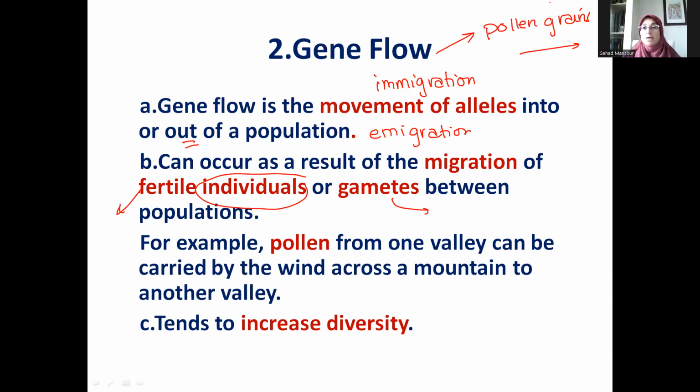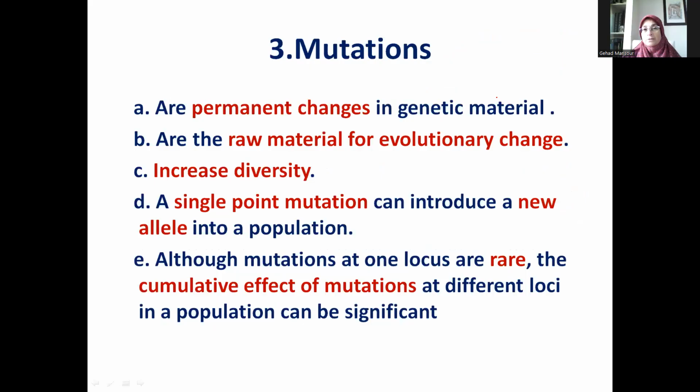This is one example of gene flow. And of course, it helps increase diversity because you know that in flowers, for example, there is self-pollination. So if this is the ovary of the flower, pollen grains from one flower may fall on the stigma of the same flower. So this diminishes diversity. But if the pollen grain flows and migrates and goes to another area, it might pollinate another flower, and therefore this would increase diversity.